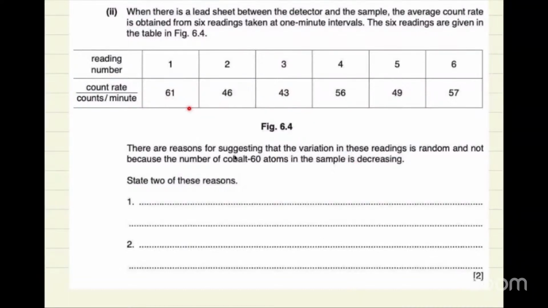Because if it was, then I would just expect my count rate to go down, down, down, down consistently. But sometimes it's going down, other times it's going up. So the first reason is to say that the count rate goes down and also up.